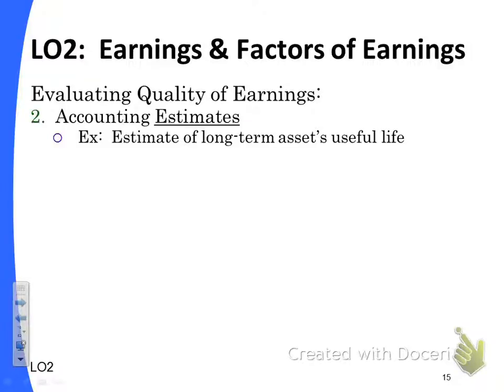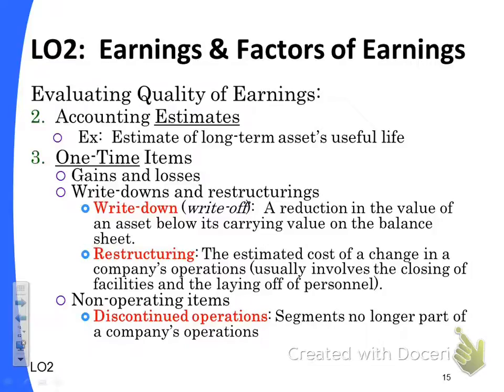Secondly, using accounting estimates. So for instance, last chapter, in chapter 3, we talked about depreciation. And just changing the depreciation method or the depreciation number of years, the useful life of the asset, will have an impact on your earnings. You also have to look at things that are one-time items, like I had mentioned, gains or losses on sales of assets or long-term investments.